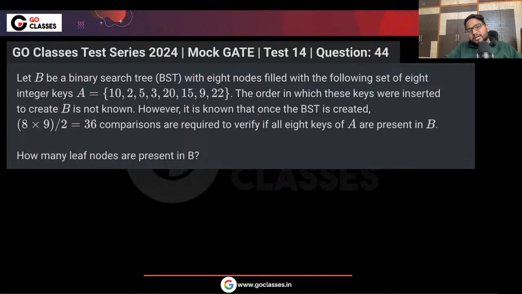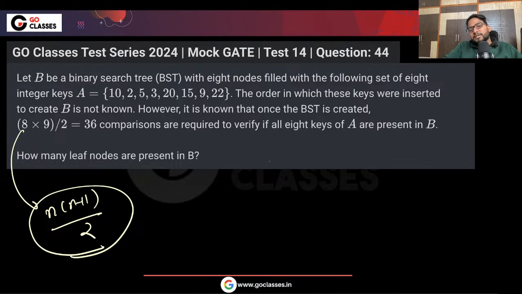Okay, so in this question they are saying that you are having n into n plus 1 by 2 comparisons, which means every key has to be compared with every other key if you want to verify. So it must be a skewed tree, right? Skewed maybe like this, anything, but it must be a skewed tree.